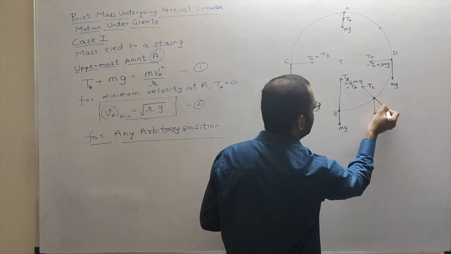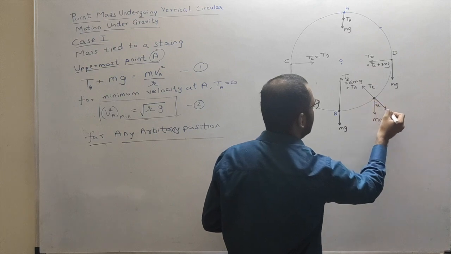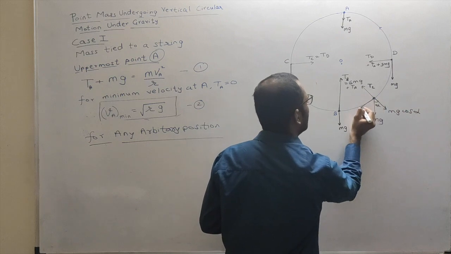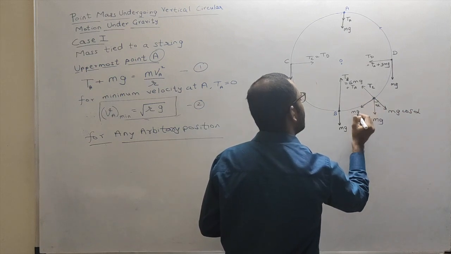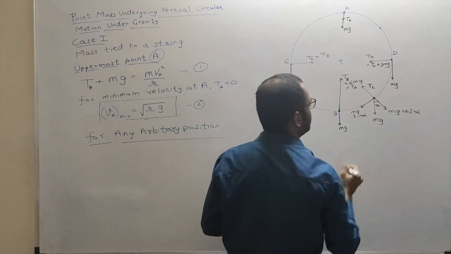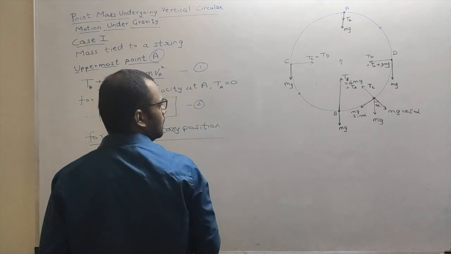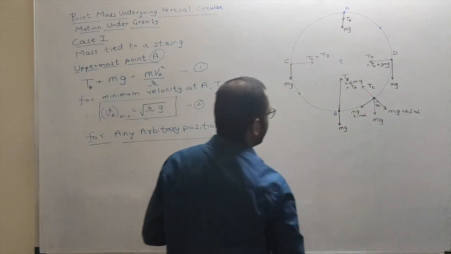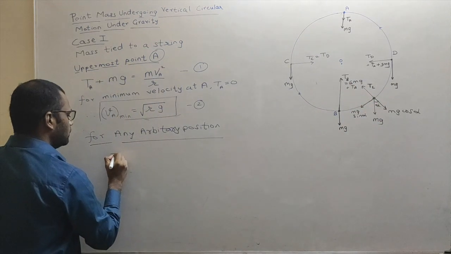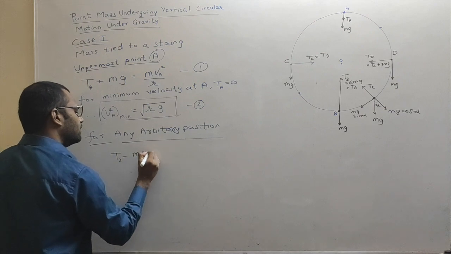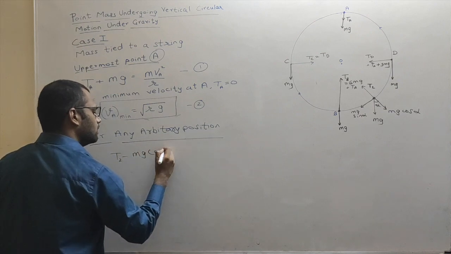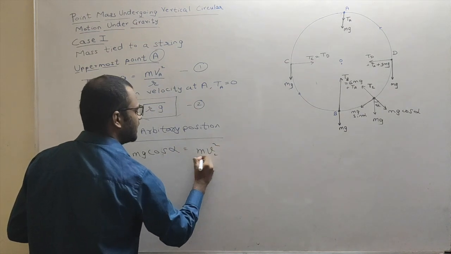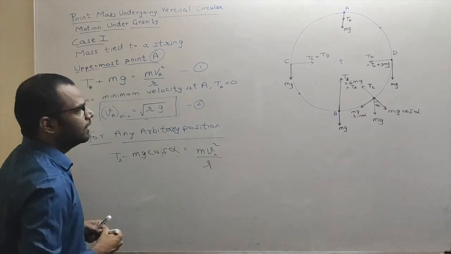If this is alpha, this will be what? mg cos alpha, and the other component will be mg sin alpha. Now how should the equation be now? Now the net centripetal force will be what? T2 minus mg cos alpha will be equal to m, the corresponding velocity, let us say v2, mv2 square by r.